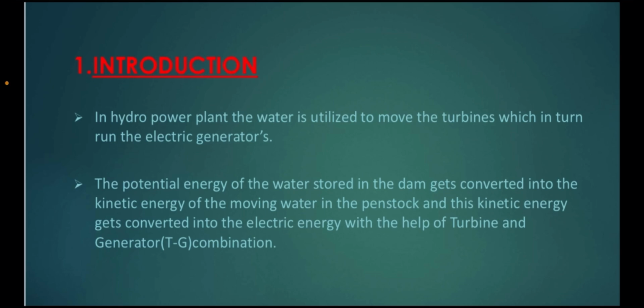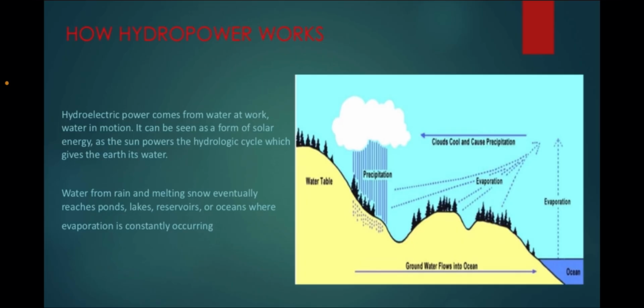The potential energy of the water stored in the dam gets converted into the kinetic energy of the moving water in the penstock, and this kinetic energy gets converted into electric energy with the help of the turbine and generator combination. How does hydropower work?